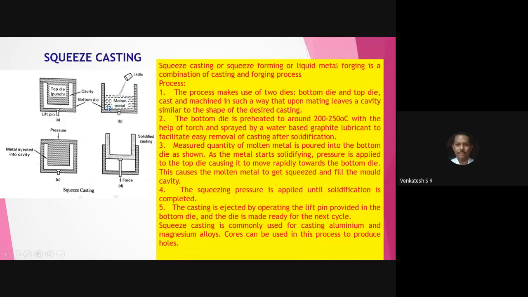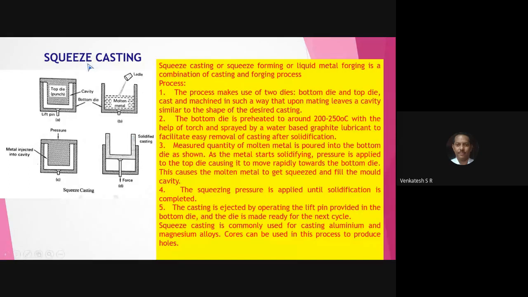Afterwards, move the top die in a downward direction and the metal fills inside the mold cavity, and after that the top die moves upward and the solidified casting is ready. C type of casting is usually produced in the squeeze casting process.